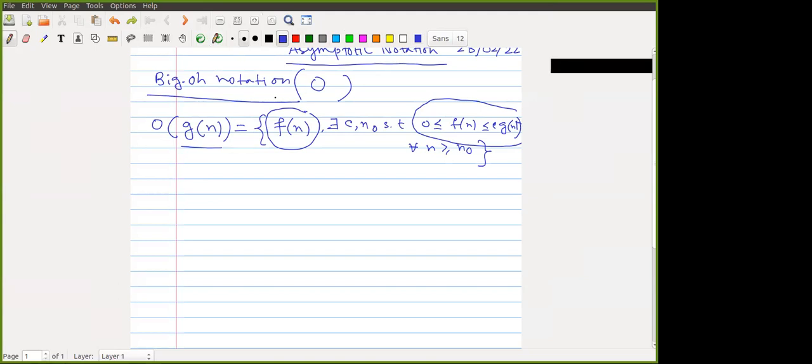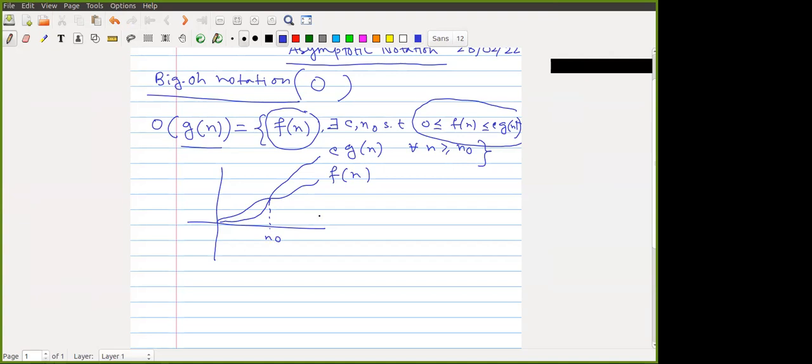Suppose there is this function f(n), and g(n) is such a function that beyond this point, c g(n) is always more than f(n). This is n naught.